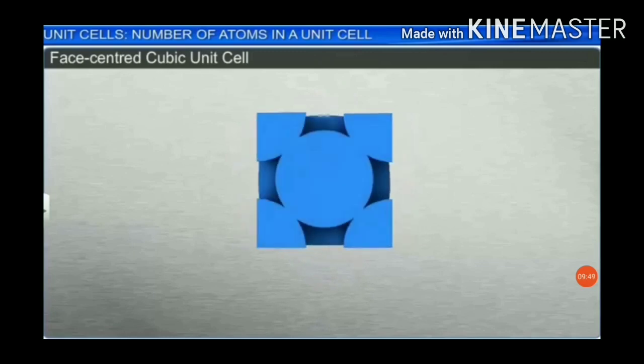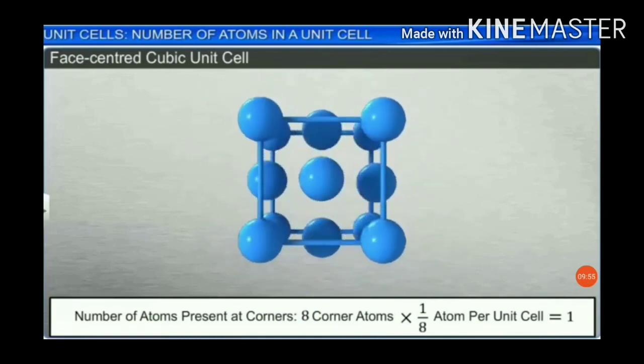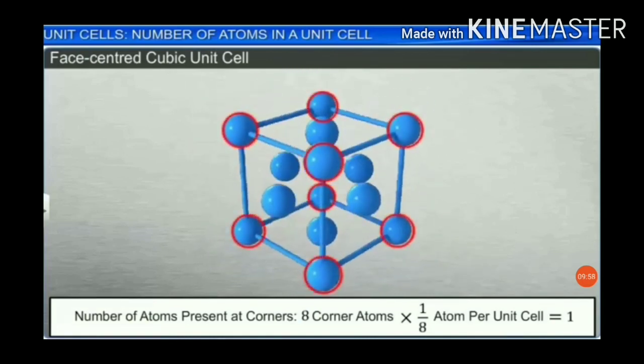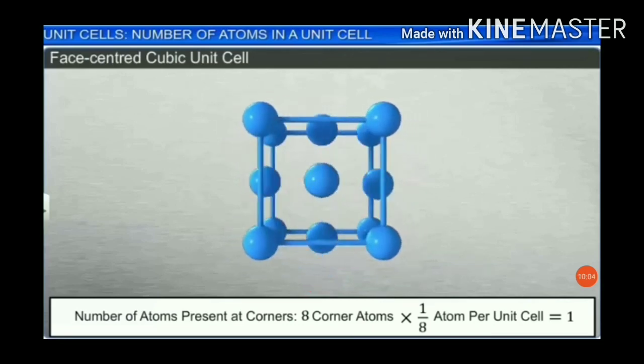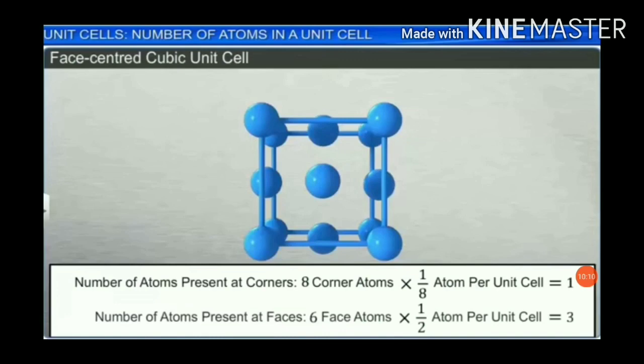Therefore, the effective number of particles in FCC lattice is equal to the number of particles present at the corners plus the number of particles present at the face centers, which is equal to 1 plus 3 is equal to 4. That is, the effective number of particles in FCC lattice, Z is equal to 4.